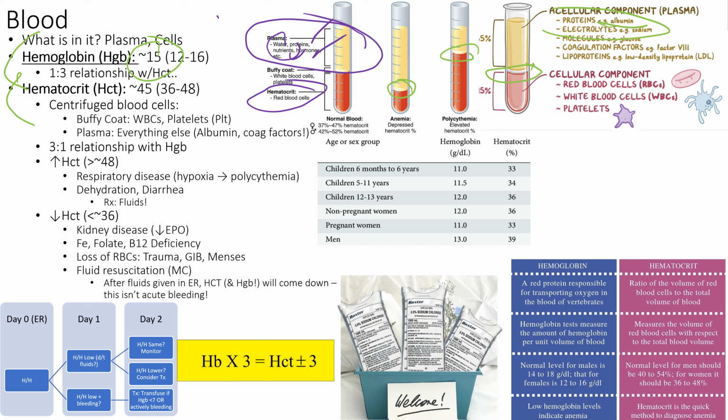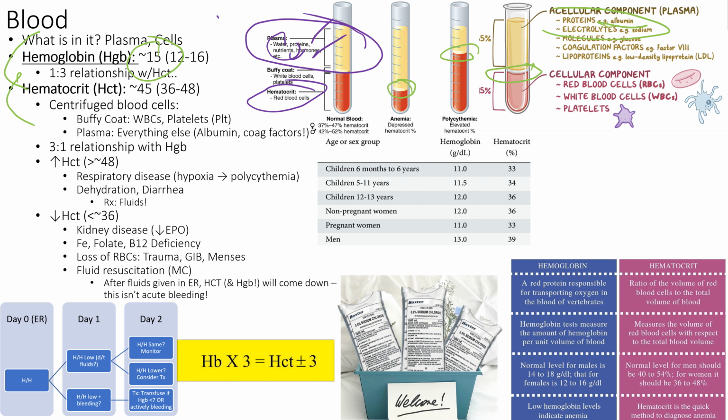So it's a 1 to 3 relationship. So if my hemoglobin is 15, normal, what's my hematocrit? 45. 15 times 3 is 45, right? So again, my hemoglobin is 10. What's my hematocrit? 30, right? So that's the idea.